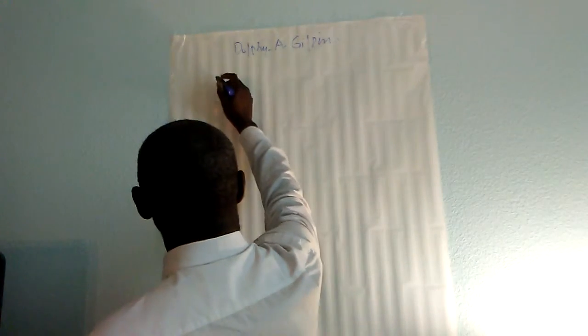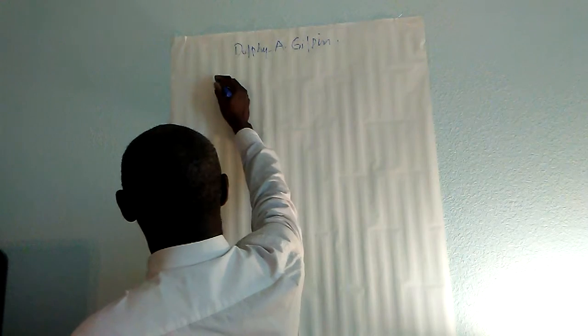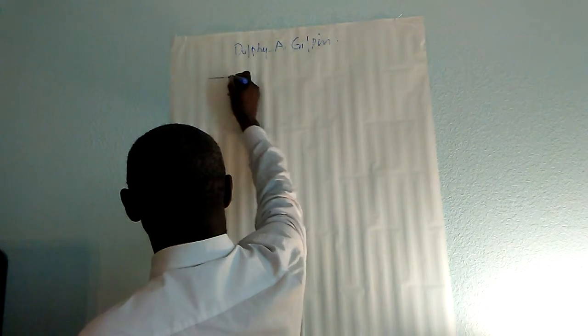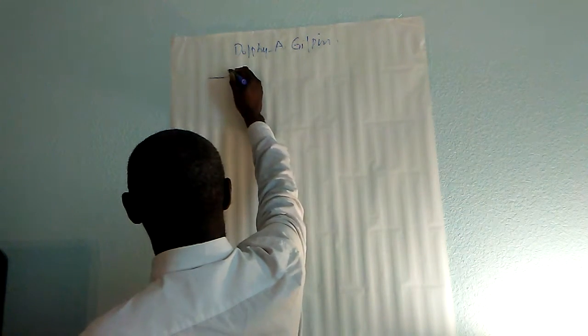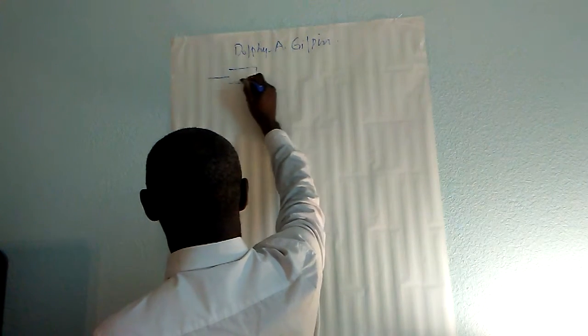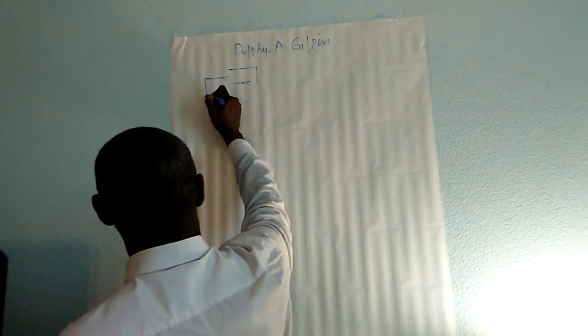And so let's suppose that we have a general electrical electronic circuit, and here we have the elements.